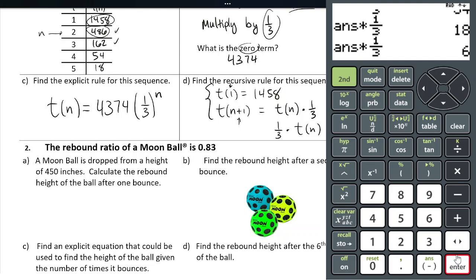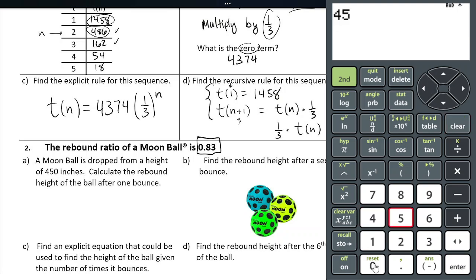So remember in class, that rebound ratio is that common ratio. Every single time this ball bounces, it recovers 83% of its previous height. That means that 17% is going away, right? We're losing 17% of the height, but 83% remains. So what's the height that returns to after one bounce?